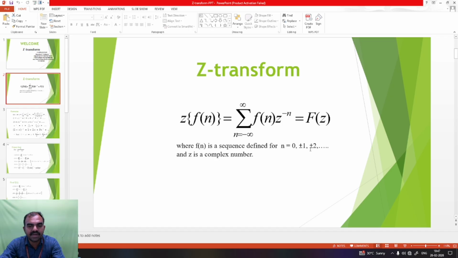So all the integer values. This is satisfied for all the integer values, and z is a complex number. So the basic one is the transform: Z of f of n is the summation of n equal to minus infinity to infinity f of n z power minus n.